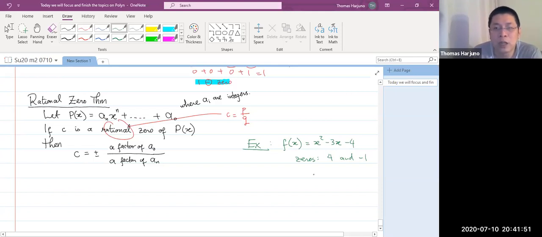Notice that 4 can be written as 4 over 1, and -1 can be written as -1 over 1. The numerators 4 and 1 are factors of that 4, and the denominator 1 is a factor of the leading coefficient 1.